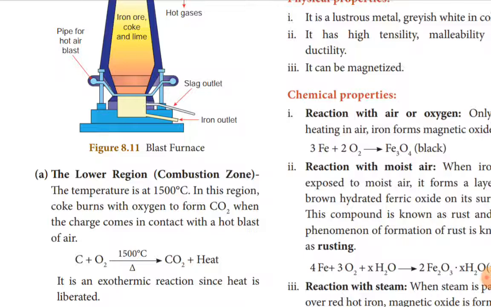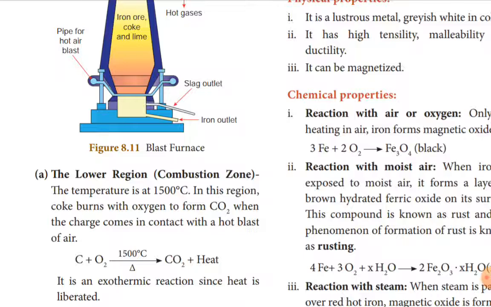That region is also called the combustion zone. Combustion means a process of burning. The temperature is about 1500 degrees Celsius in this region. At this temperature, the coke in the mixture burns in the presence of oxygen to form carbon dioxide.